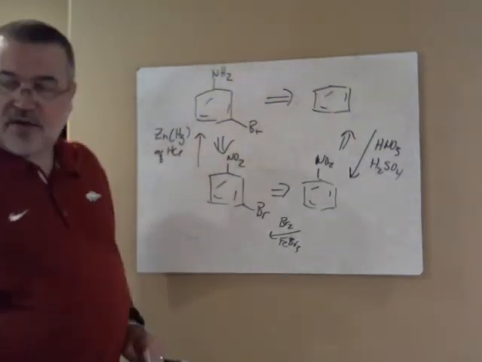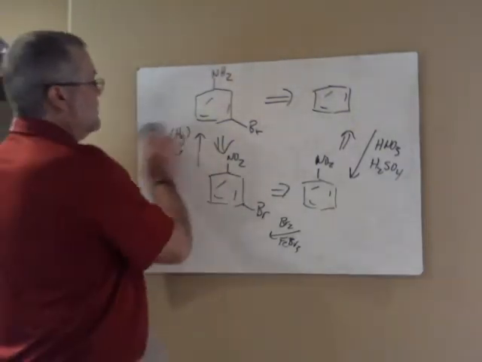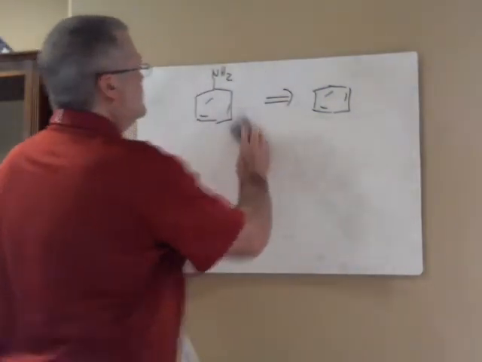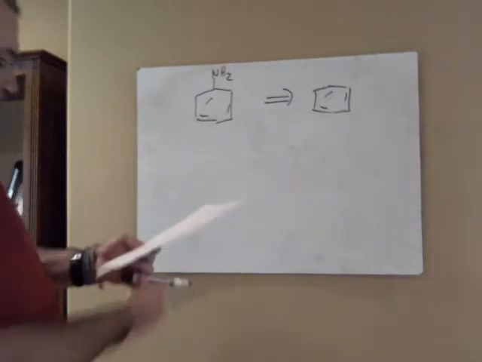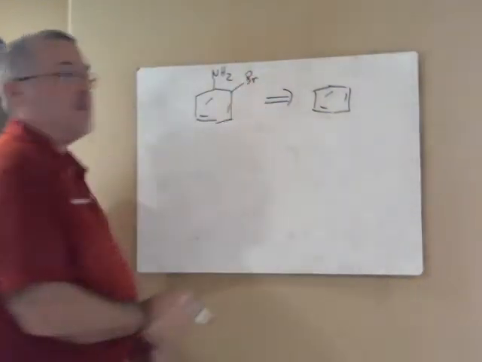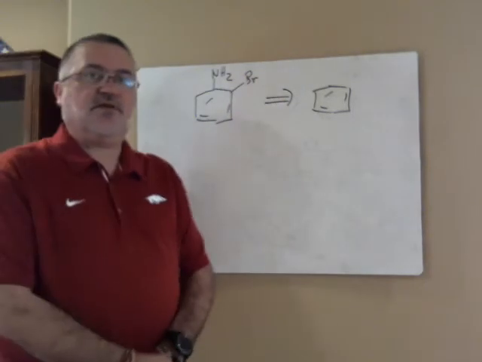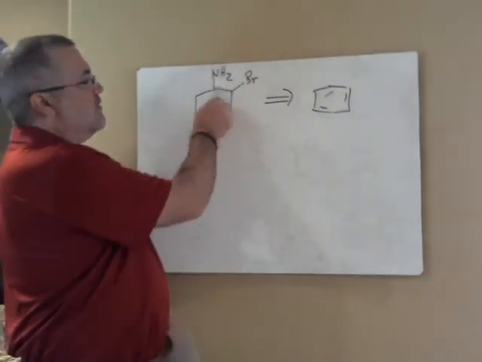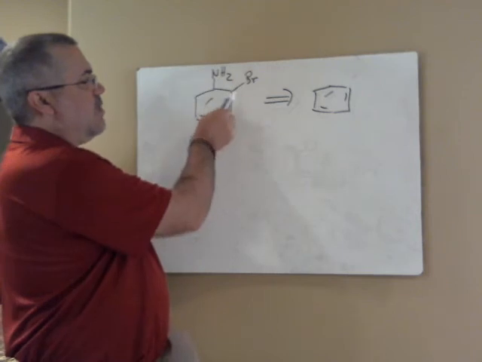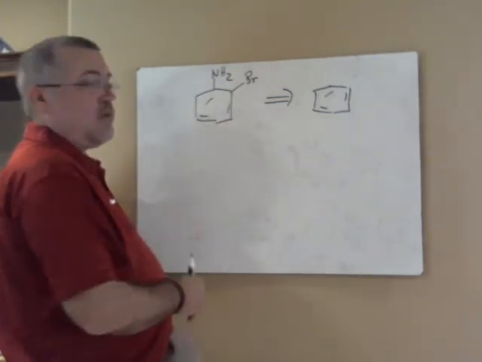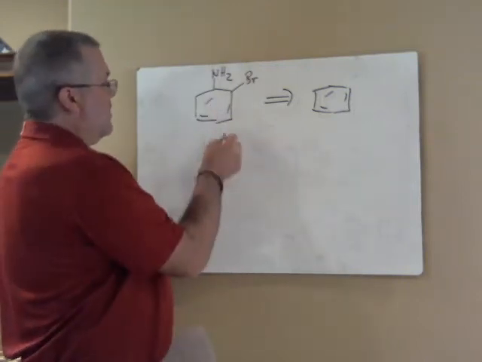Now, what if you did this synthesis? Let's change the position of our bromine. How is that going to change our analysis of the synthesis? Well, now I have two substituents that are ortho to each other, okay? And they're both ortho-para directors, okay?